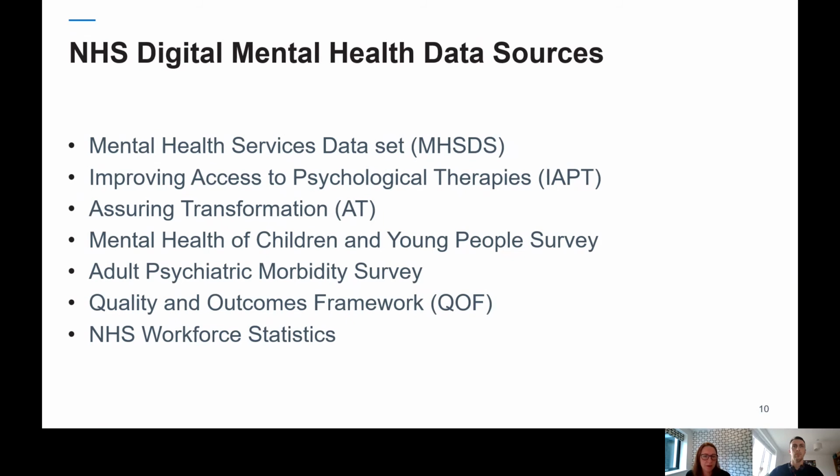And then we have another couple of data sets which contain some mental health data. For example, the Quality and Outcomes Framework includes data around depression at GP practice, and our NHS workforce statistics have information about the mental health workforce.